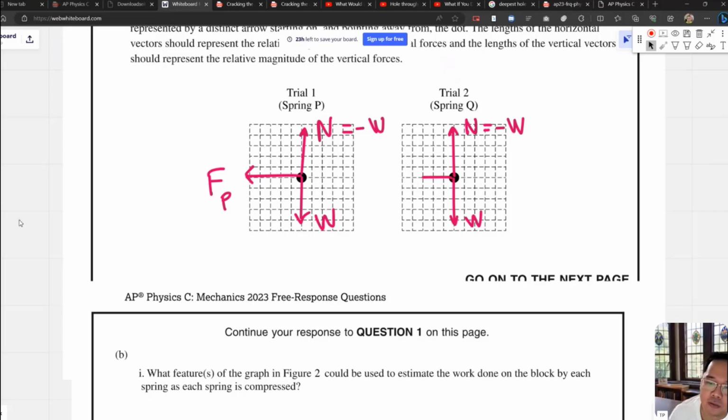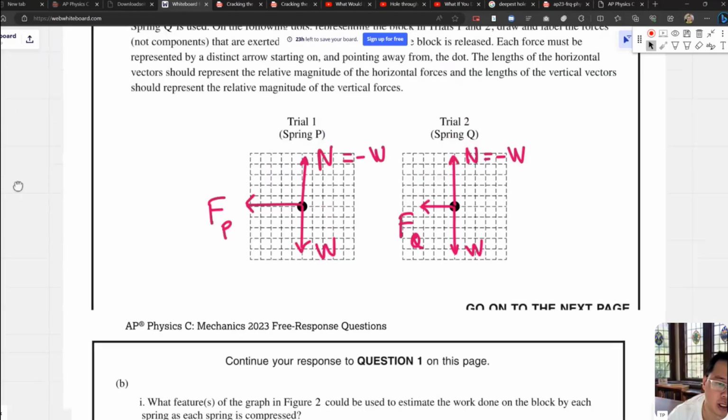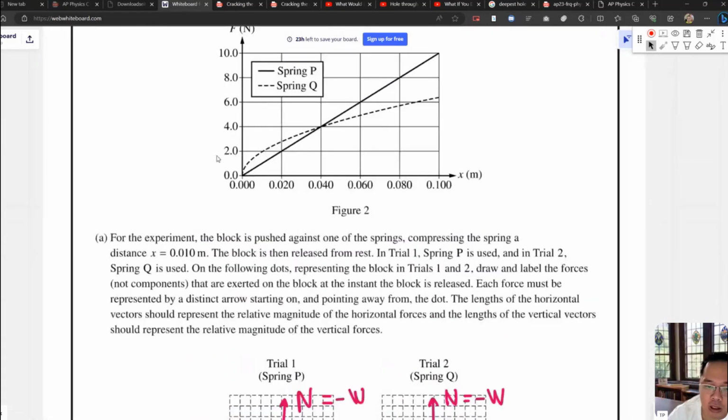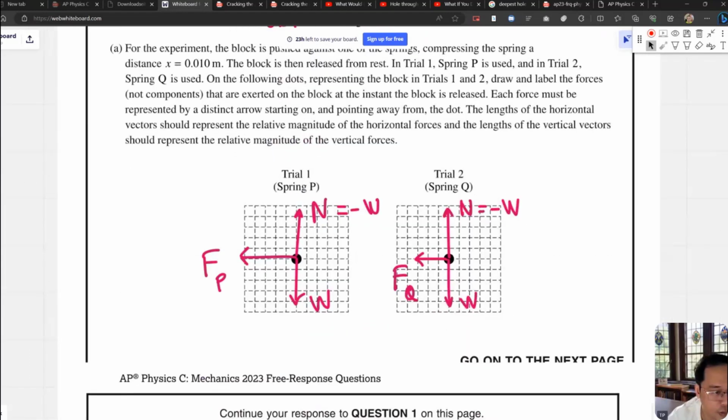And this is the force of the spring, F_Q, which is larger, because you can see on the graph here, when the compression is 0.01 meter, the force of P, this is P, this is Q, so the force of Q is larger. We fix that: F_P is smaller, and F_Q is larger.